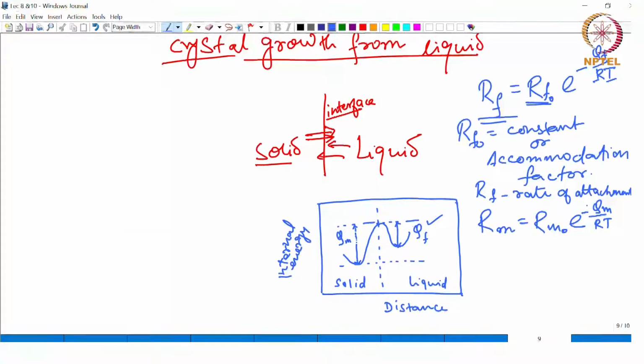Okay, so, there is an activation energy which is required for the solid to grow, and the difference between these 2 points, that means these 2 potential wells that you have, the potential well for the liquid and the potential well for the solid, the difference between those 2, that means this difference, this is obviously the latent heat of freezing.